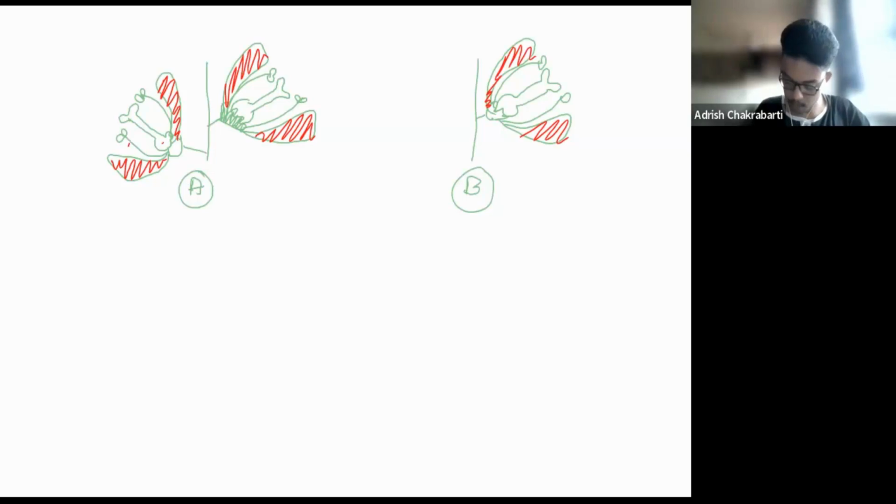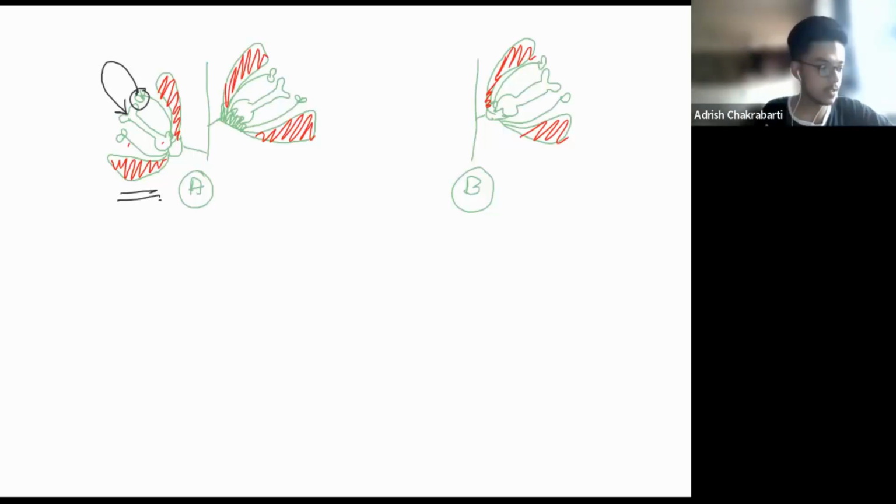Okay, so what kind of pollination can we observe? It can happen that the pollen grain from this particular anther can fall on this particular stigmatic surface. So what is this going to be? This is a transfer of pollen grains from anther to stigma of the same flower.